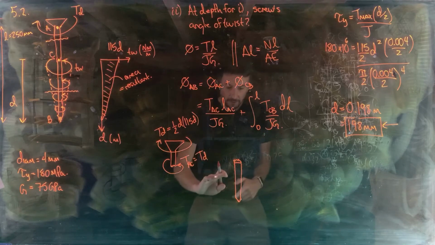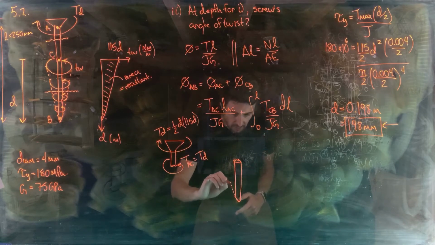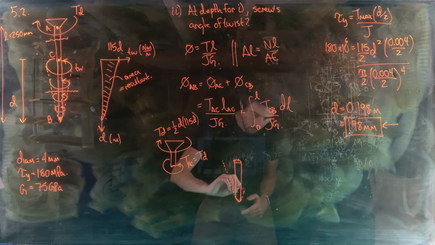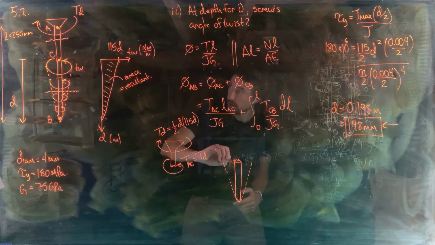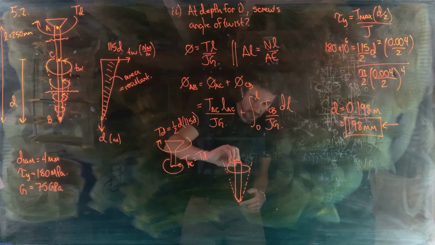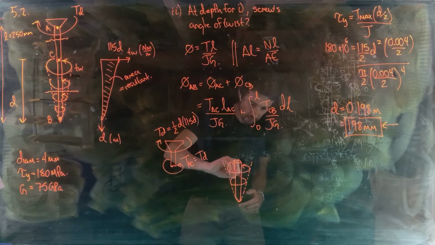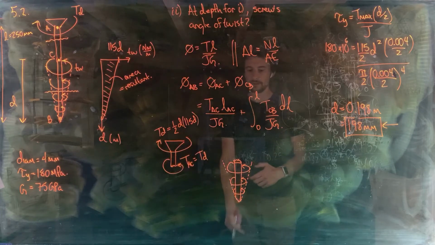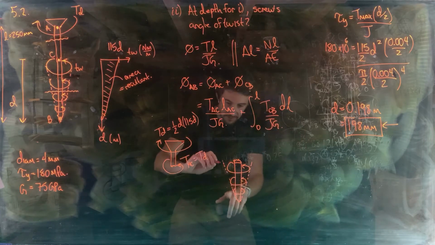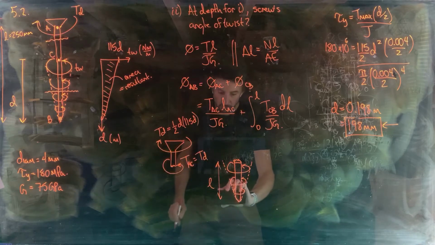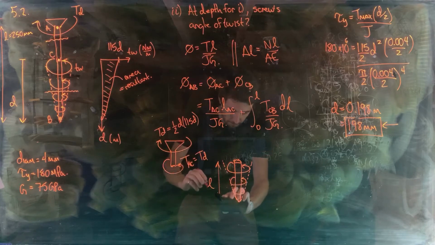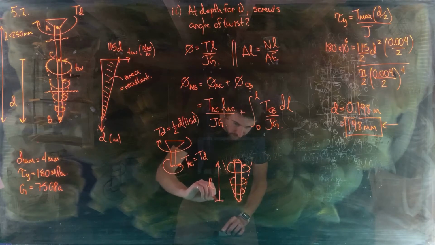We just have a small portion of that distributed torque acting on this lower section of the screw now. So we've got some of that distributed torque like that. There we go. And this section of the screw, we'll call length L long, and we'll measure it from the bottom upwards there.